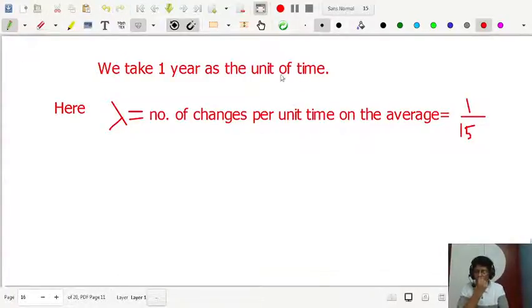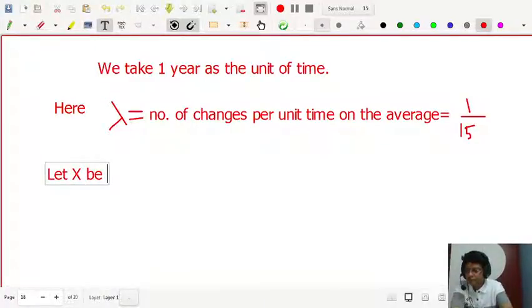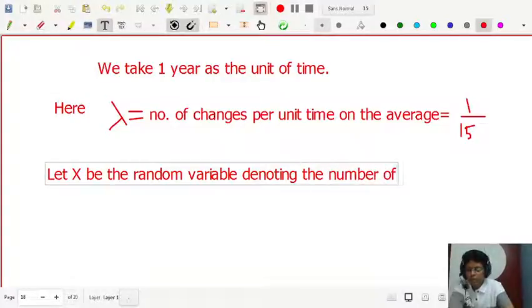Now let us define X. Let X be the random variable denoting the number of wars in the interval.